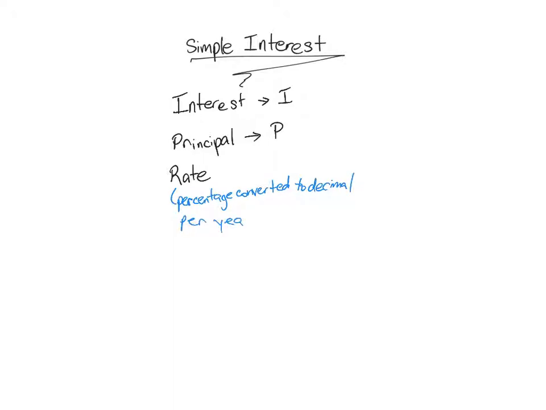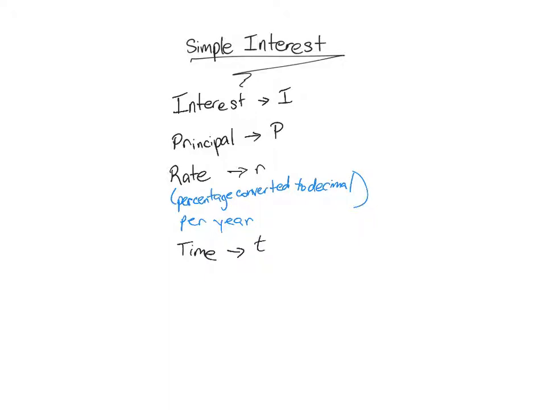So that's the percentage of the money that you will be calculating the interest for per year. That sounds a little bit confusing, but you will see what I mean in just a second. And we use, you guessed it, the letter R, and time. We're going to be doing everything annually, so this is time per year, or number of years, sorry, and we're going to use the letter T.